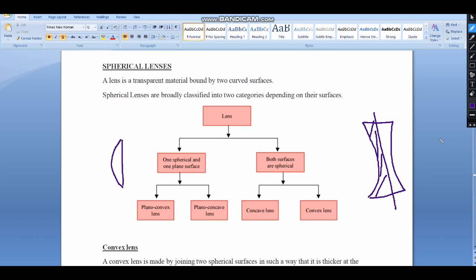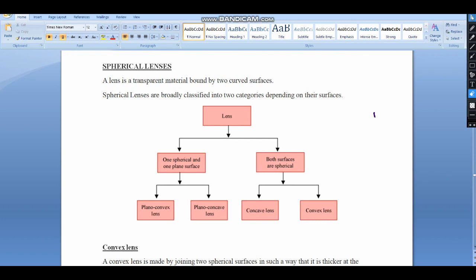And next, both spherical surfaces. There are two types of lenses: concave lens and convex lens.